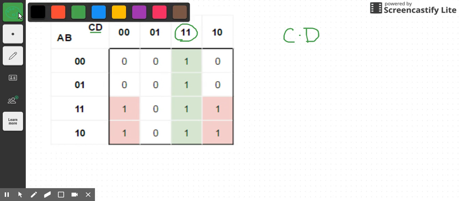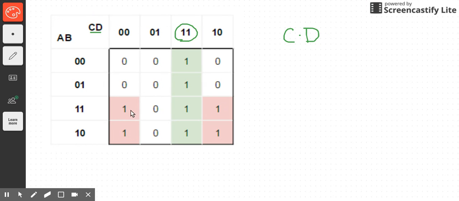All right. And now we'll look at my red group here. And again, this is one group because these rows are adjacent. So now I'm looking at the values of C and D here. And I'm also going to be looking at the values of A and B in these bottom 2 rows.